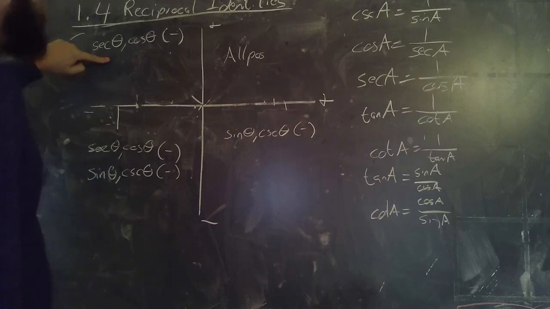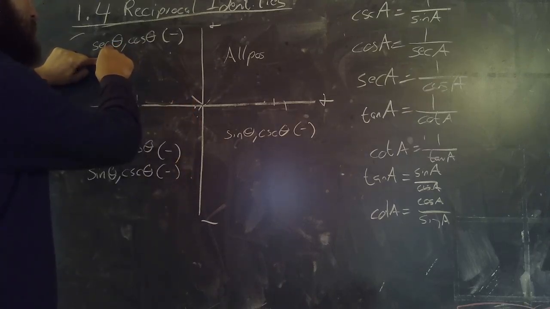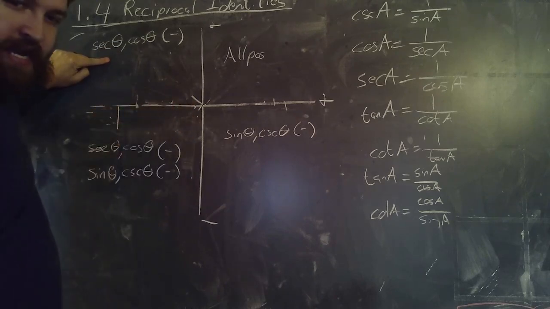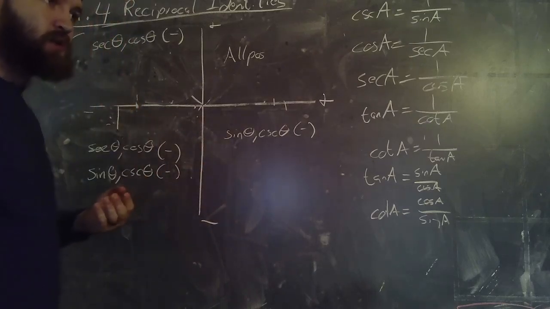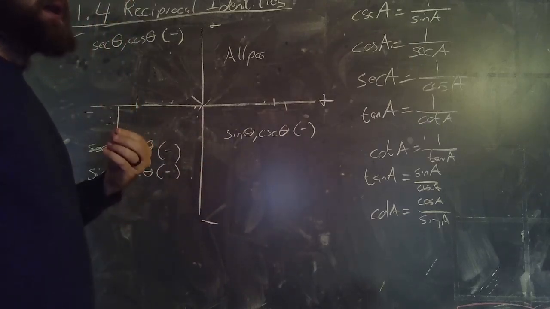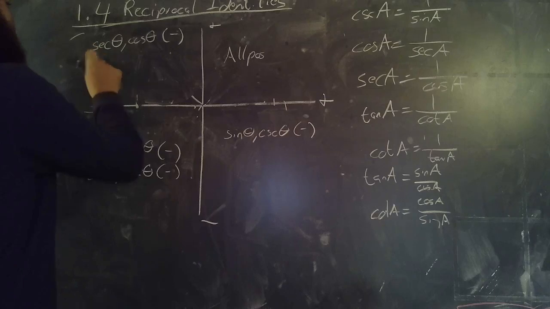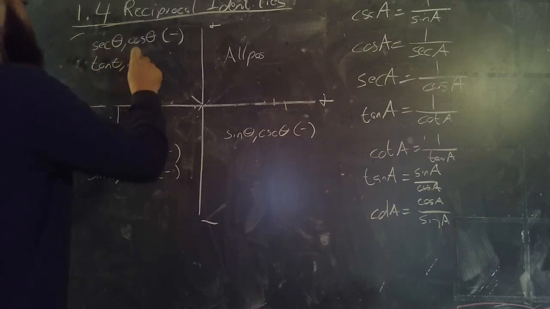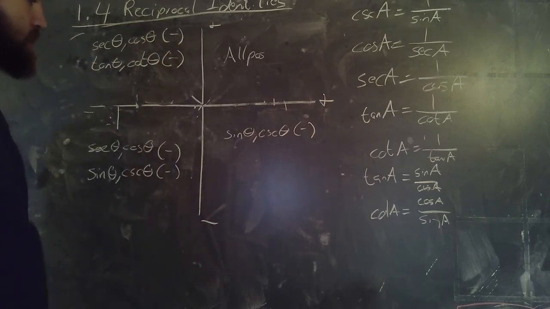Now, what about if we're in quadrant 2? Well, the a distance is positive in quadrant 2, but the b distance would be negative in quadrant 2. That's a mismatch of positive to negative, so a ratio of a positive over a negative or a negative over a positive will be negative. That means that tangent and cotangent are negative in the second quadrant.